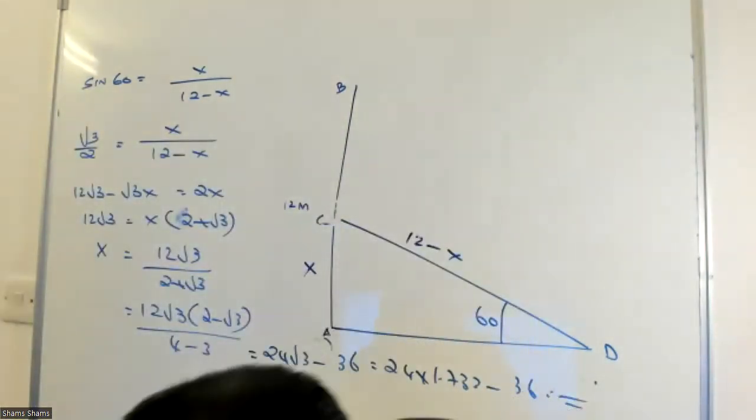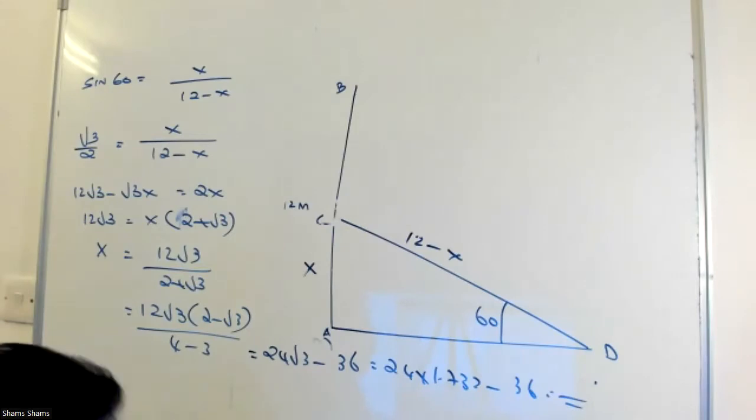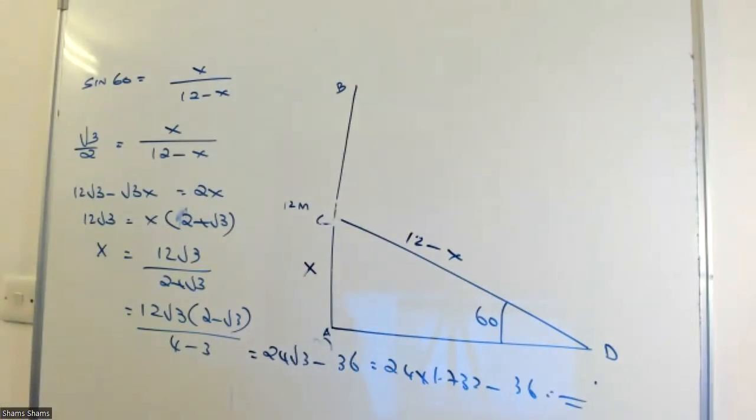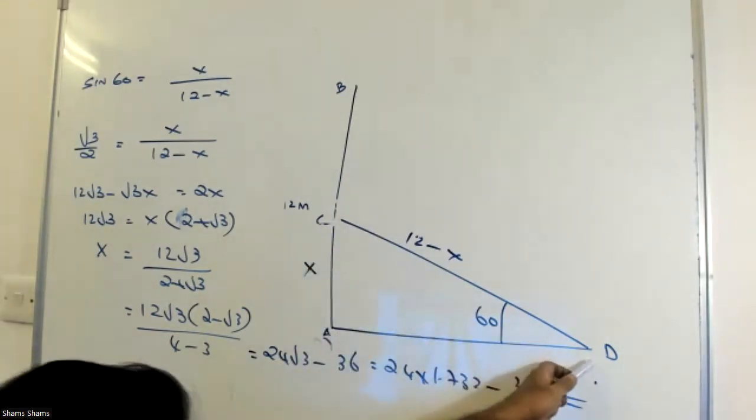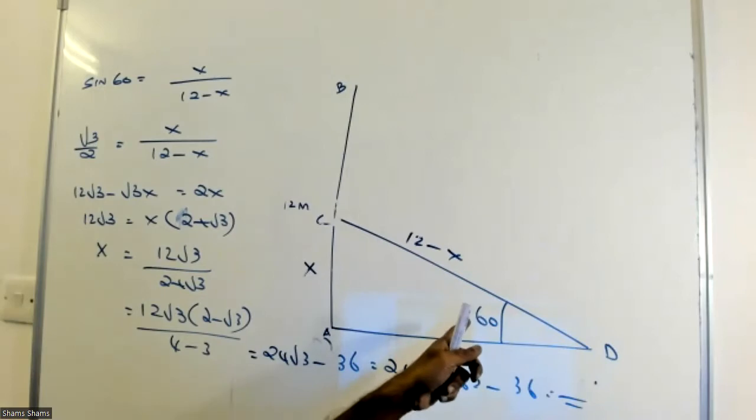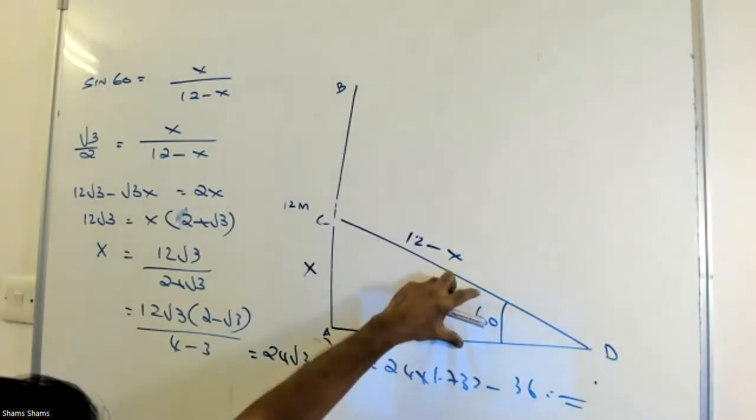You calculate it. Look here, you explain. You can write: AB is the tree of height 12 meters. Suppose the tree is broken by the wind at the point C, and CD touches the ground at the point D. The angle of elevation is 60 degrees.